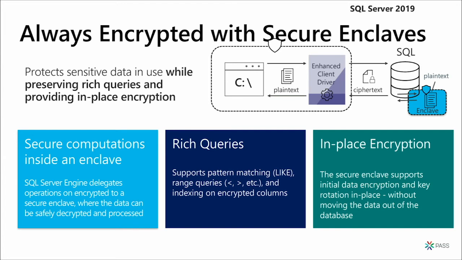I'm saying potentially, and I will come to that, right? But we definitely support right now LIKE and range queries. So you can actually say, give me any order that has been placed by a customer starting with a certain letter, yeah? Because we can decrypt it inside the enclave and then based on that figure out any rows. Okay.